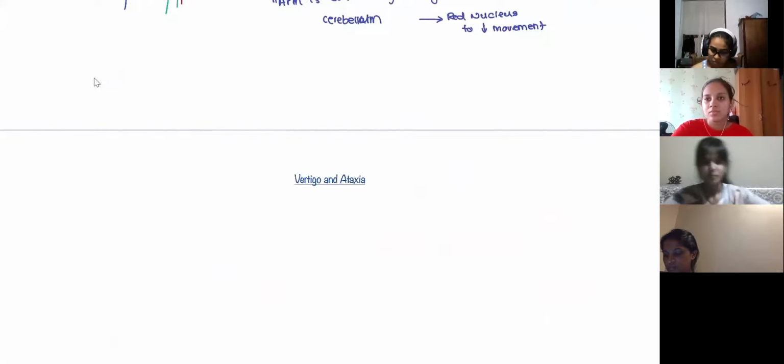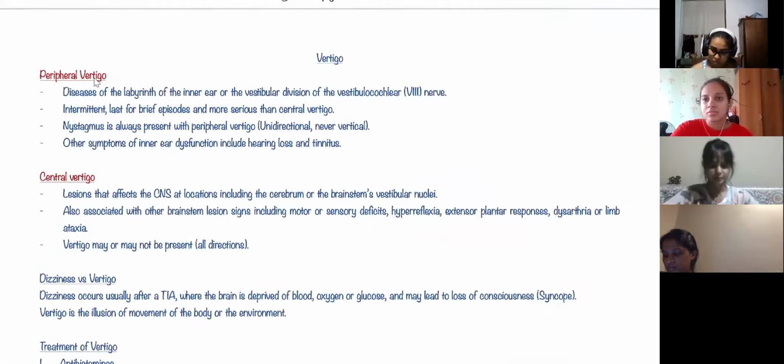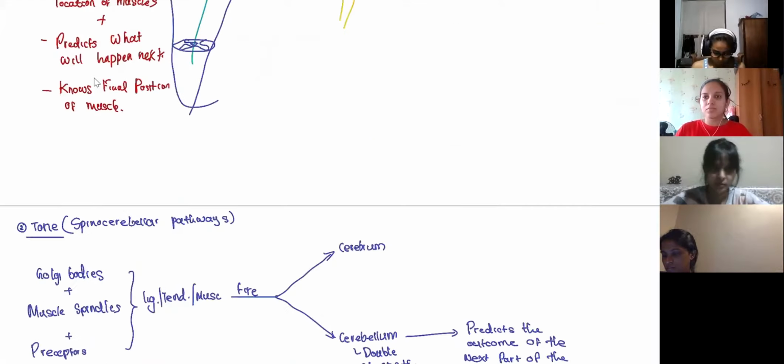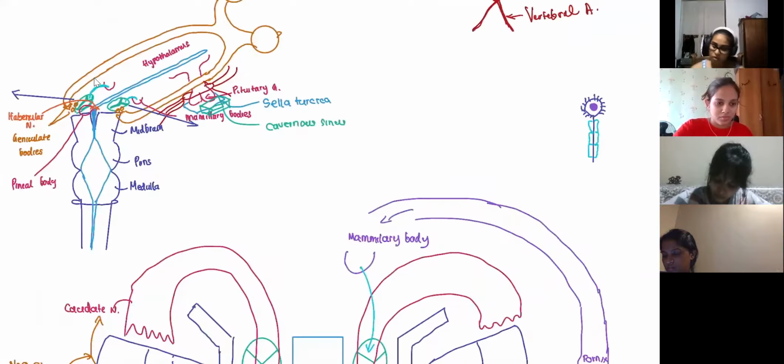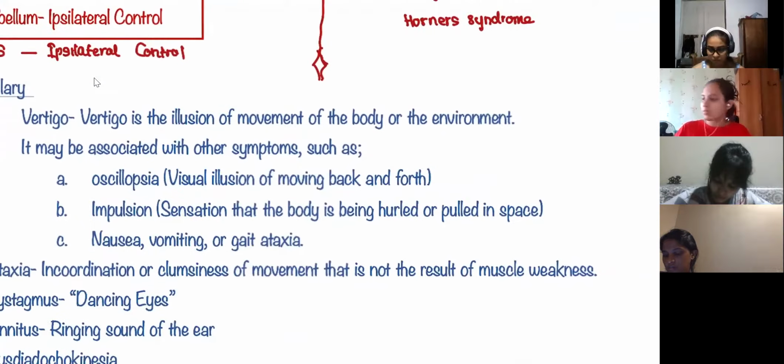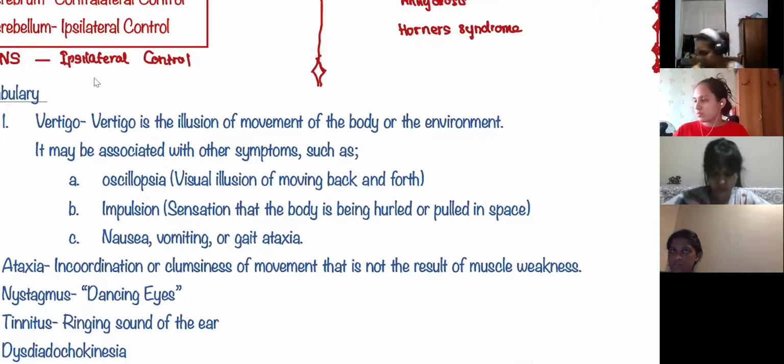Before I start, I will tell you what vertigo is. Over here in the definitions, vertigo is basically the illusion of movement of the body or the environment.